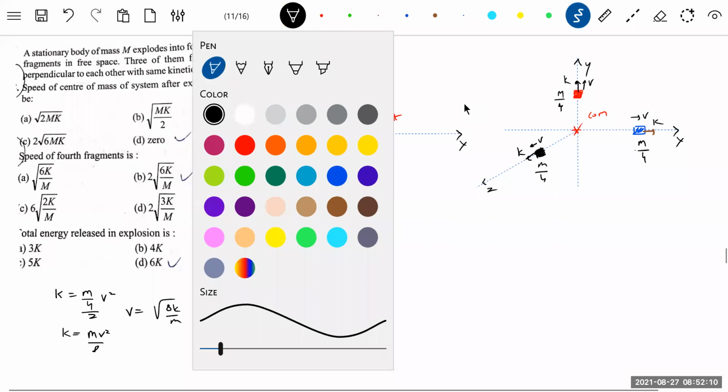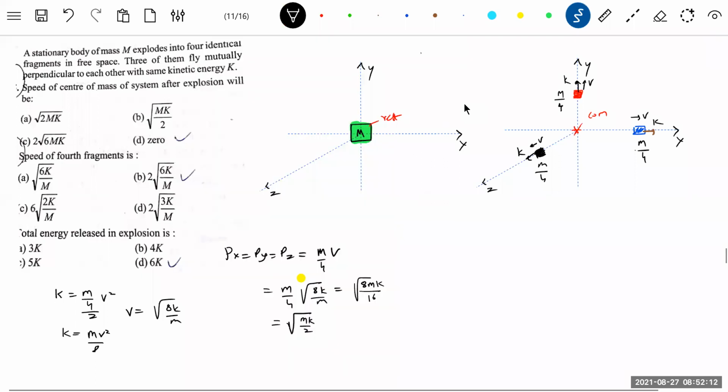During explosion, internal molecular forces act here. And we know due to internal force, center of mass will not accelerate. So initially the system was at rest. So finally after explosion also, center of mass will be there only.